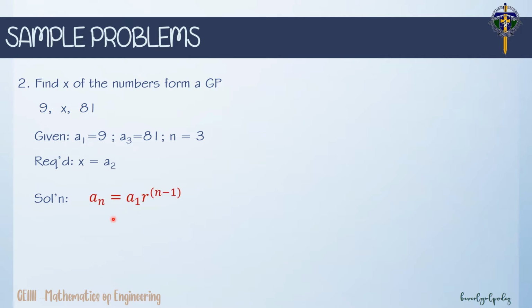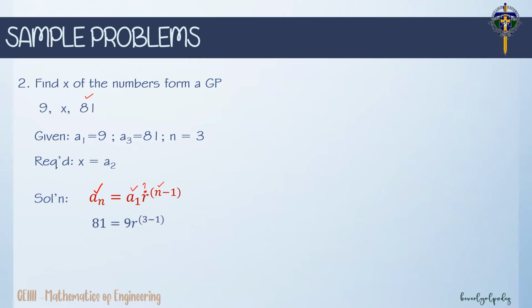Using this equation, an is equal to a1 multiplied by r raised to n minus 1, we know the value of the last term, which is 81. We also know the value of the first term. We know the value of n, and we do not know the value of r. So we have one unknown. Therefore, we can solve for the value of r.